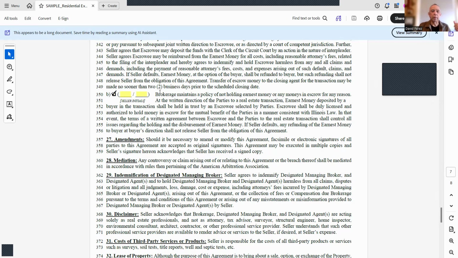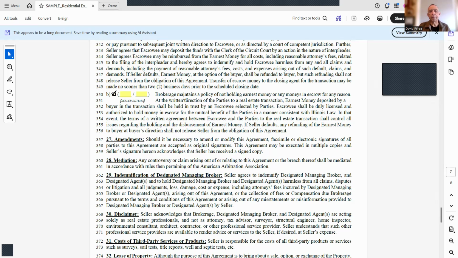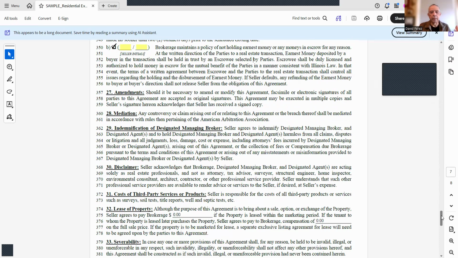So there are brokerages that are able to control this and do accept the earnest money. But if it's not the brokerage, it's the attorney. So we do not, in my case, hold earnest money. So I usually have the attorney or the broker on the other side hang on to it until the close. Okay.